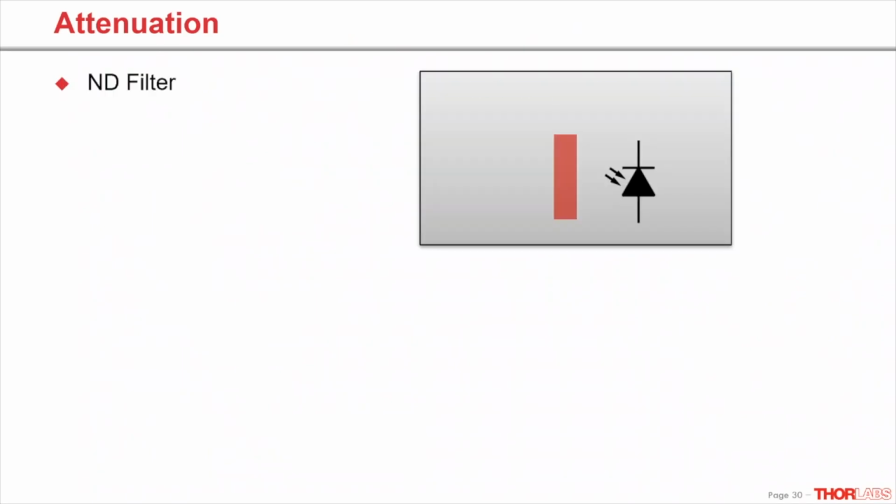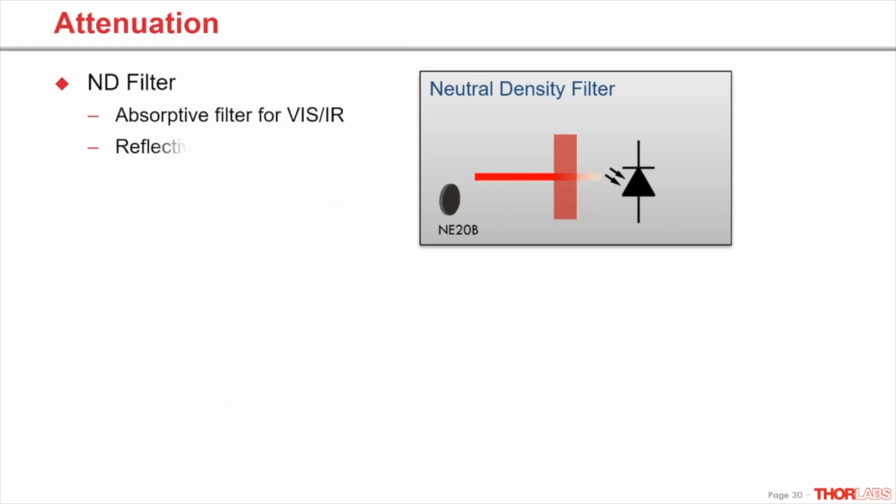The attenuation happens while the beam passes through the filter. There are absorptive versions for the visible and IR range, or reflective for the UV to IR range. Both have advantages and disadvantages. Also, anti-reflection coatings can be added for various wavelength ranges.